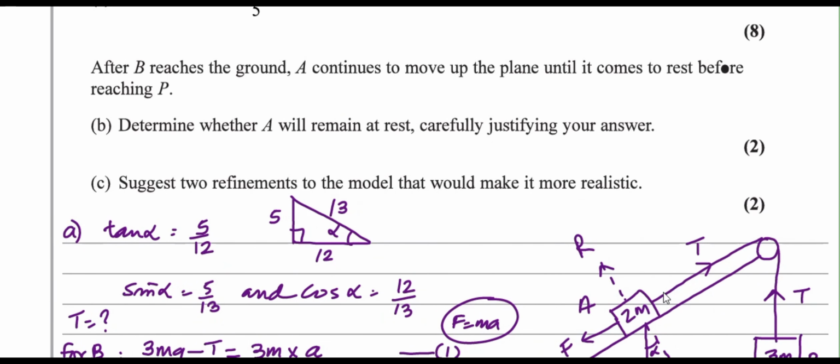So we need to consider both these forces and check which one is greater. If the pulling force down is greater, then the block A will start sliding down. If frictional force is greater, then it will be sufficient to counteract the weight pulling it down. So it will remain there. So let's figure out.